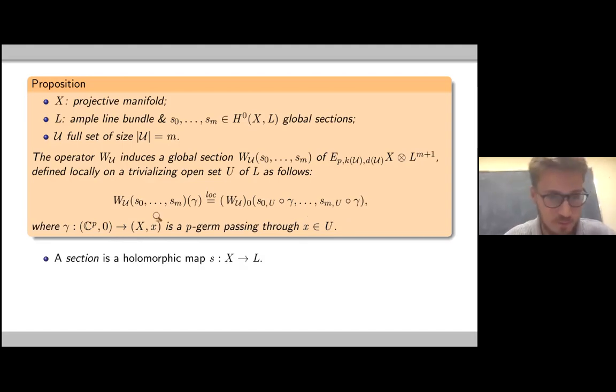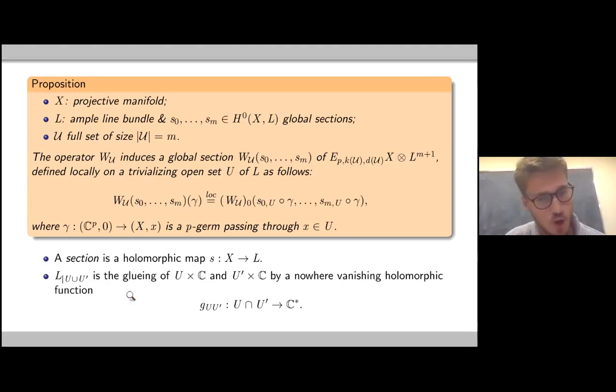And so just a quick recall. If it was not clear, people would have asked. But the section is really a holomorphic map from X to L, and I will emphasize that. So if we restrict the line bundle to two trivializing sets, say on this trivializing set, the line bundle is simply U times C or U prime times C. And so we identify the two copies of C by a nowhere vanishing function.